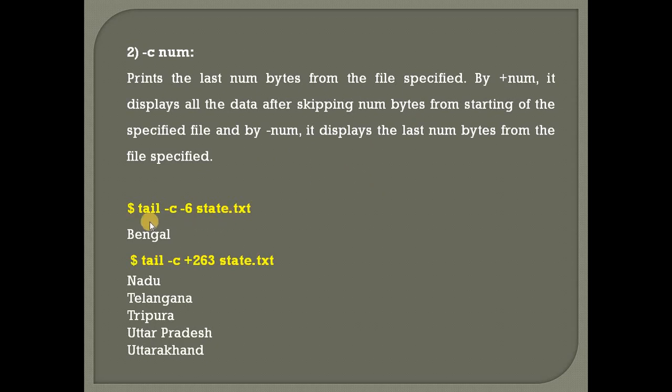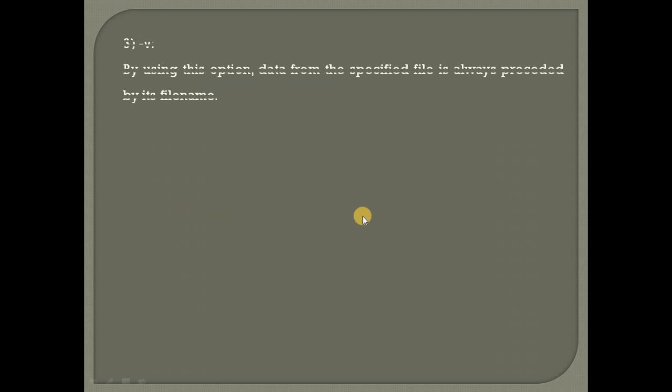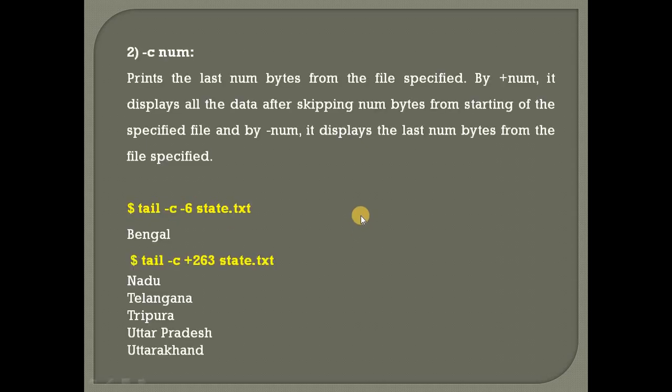So if we have given -c -6 state.txt, it will display the last 6 bytes, that is 1 2 3 4 5 6, of the state.txt file. Similarly, we can use the plus sign, which will print 263 characters from behind, that is from the last character. So in this case, state.txt, starting from this last character, 263 bytes will get printed as output.